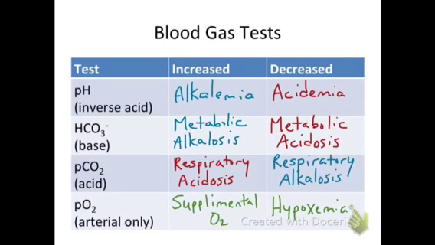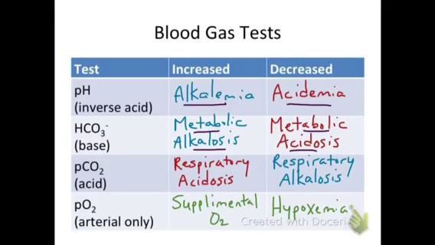These are the 4 main blood gas tests. As previously stated, an increased pH means alkalemia, whereas a decreased pH means acidemia. An increased bicarbonate concentration means metabolic alkalosis, but if it's decreased, then that means there's a metabolic acidosis.